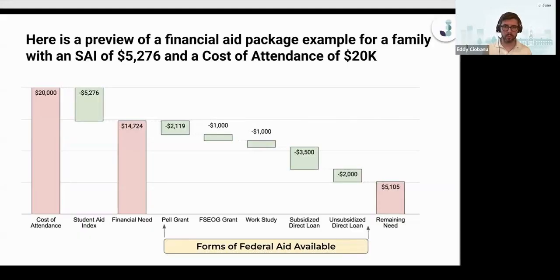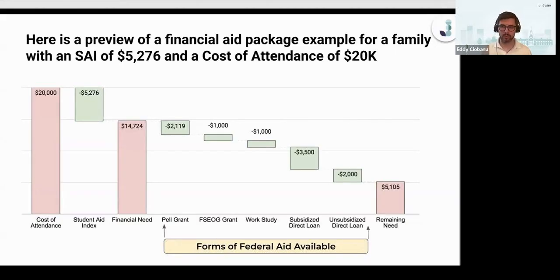Now, there are forms of federal funding that are available, both grants and loans, that will reduce the remaining need. In this case, a student can qualify for the federal Pell Grant. The amount is about $2,100. They may get an additional $1,000 FSEOG grant, which is the Federal Supplemental Education Opportunity Grant. And then maybe the school packages a $1,000 work study.